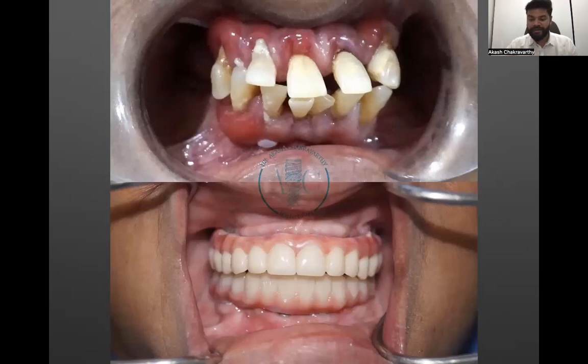So this is how the patient had come in before. So that was the initial scenario, and now the patient looks like this. So it is extremely hygienic. She maintains it very well. You can see the extremely healthy gingiva.